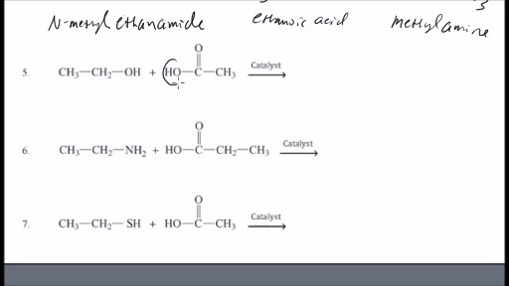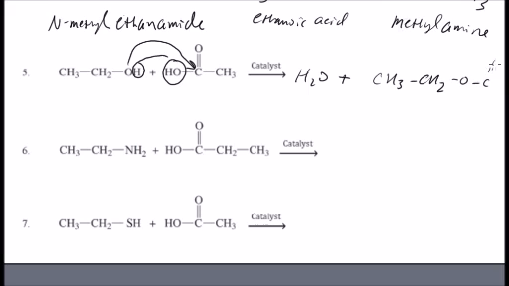We're going to take the OH group from the acid, and we're going to react it with the H from the alcohol, forming water, and bonding these together. So this O will then bond to this C, giving us the ethyl ethanoate that we had before.